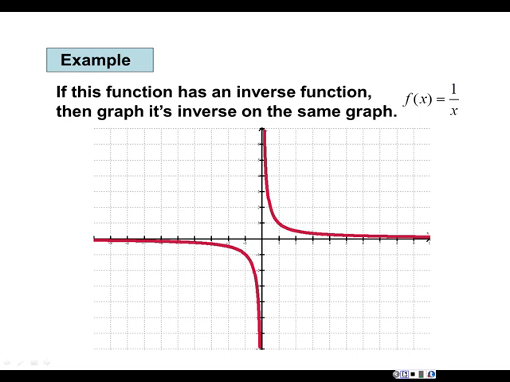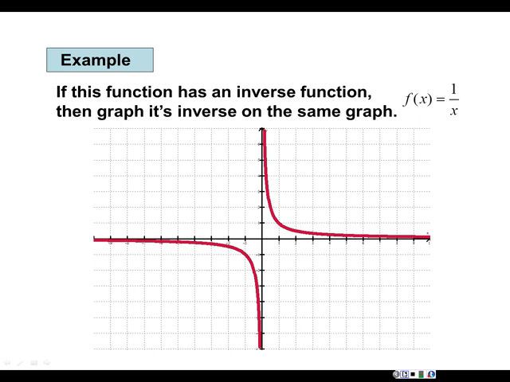Now look at this interesting thing. Let's say this point is (1/2, 2). This means that in the symmetric graph, there will be a point (2, 1/2).